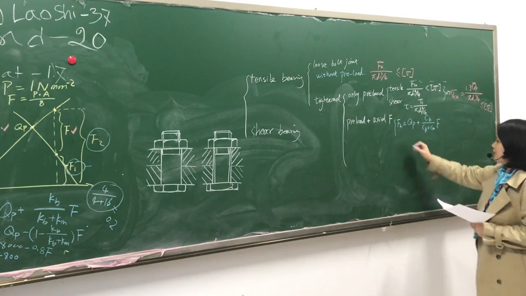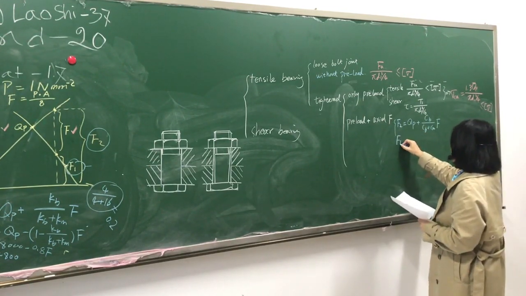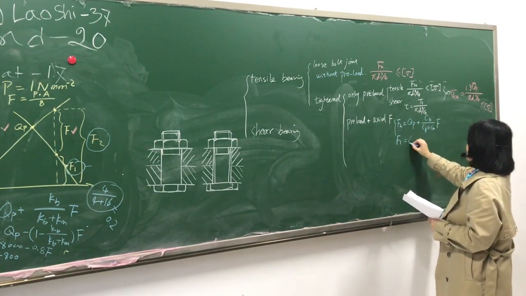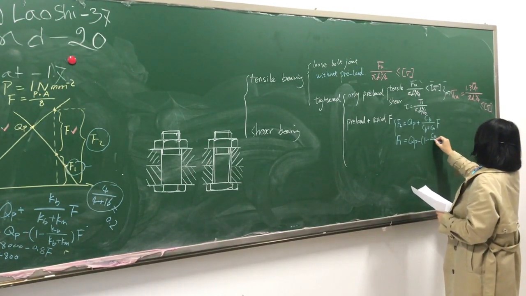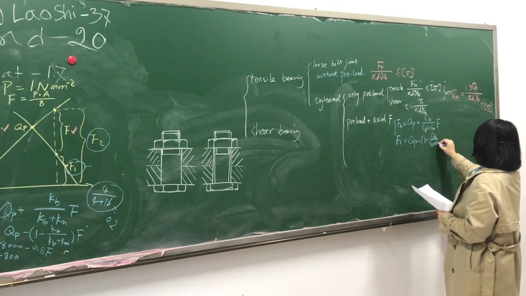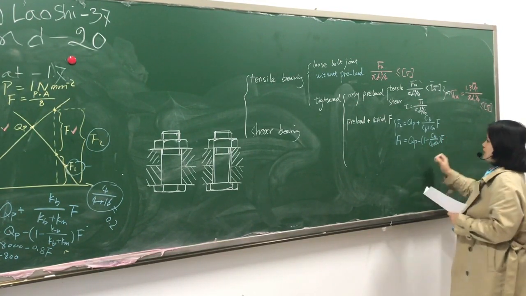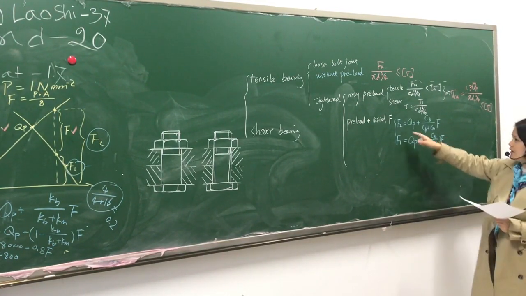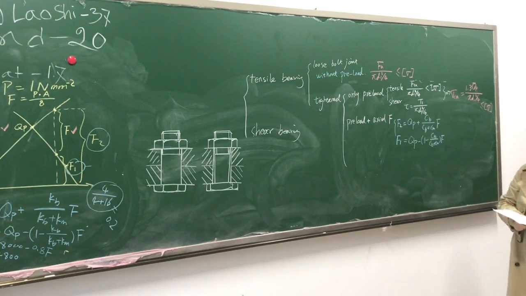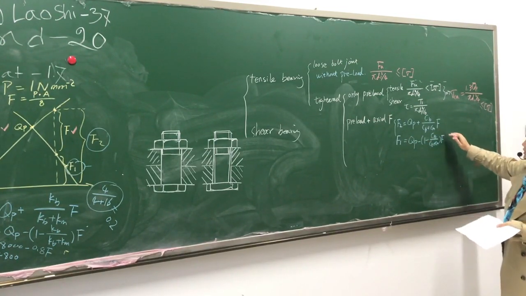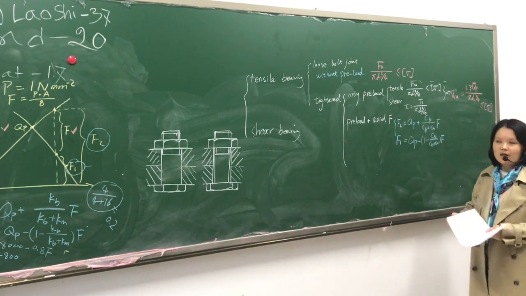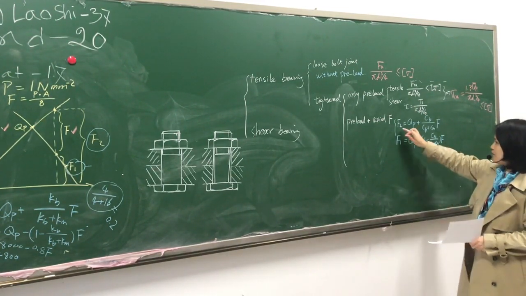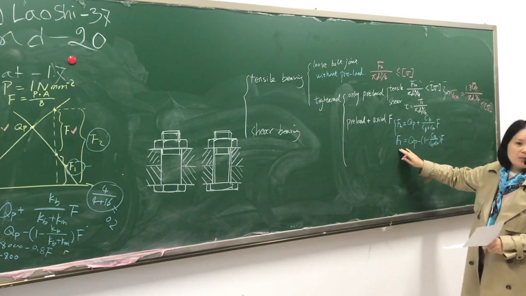And we can calculate the resultant force of the members, QP minus... we can use these two equations to calculate the resultant force on the bolt and on the members.